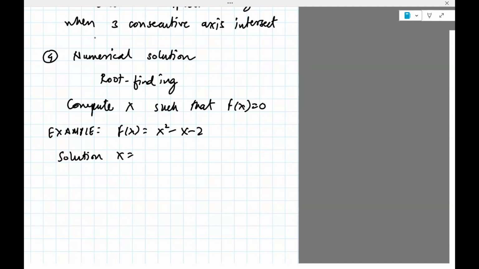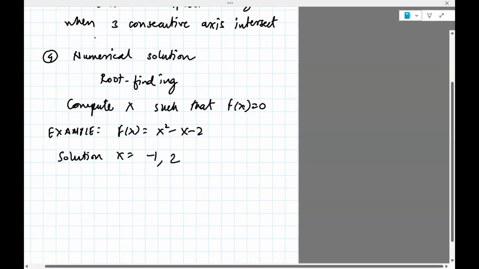I think it's minus 1, and the other one, I think it's 2. So those are the solutions, minus 1 and 2. You can check: put in minus 1 and you get 1 minus 1 minus 2 is 0, and for 2 you do 2 squared, 4 minus 2 minus 2, so it's 0. So those are the solutions.